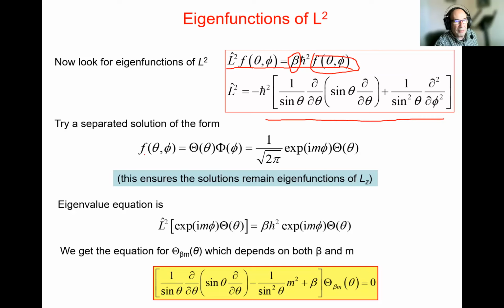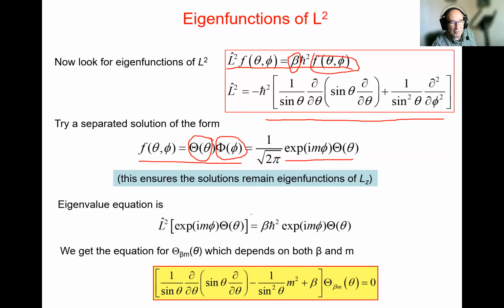And so we can write the solutions by separating variables, in the form of a function which depends on theta and a function which depends on phi. So the wave function can look like that. This is a standard way of separating variables in solving differential equations.